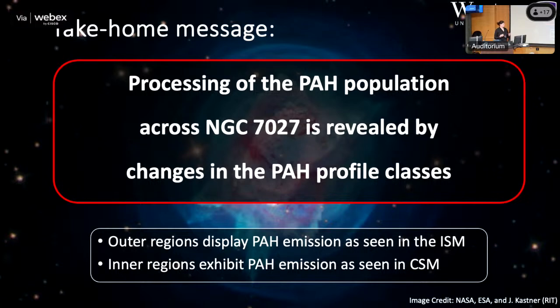So we see both types of emission. Essentially, this is interesting because NGC 7027 is therefore an ideal laboratory to study the early evolution, from the formation of PAH molecules and complex hydrocarbons to their evolution into the form that we see them in the interstellar medium.